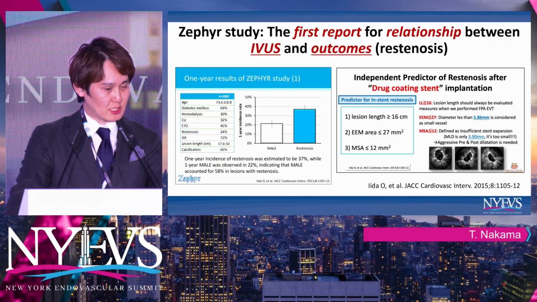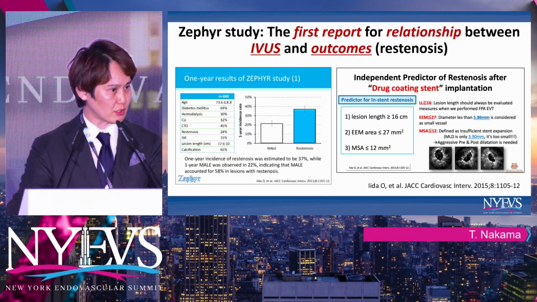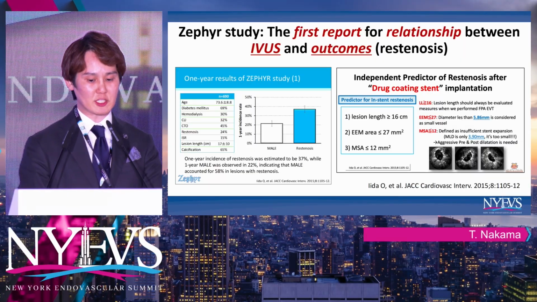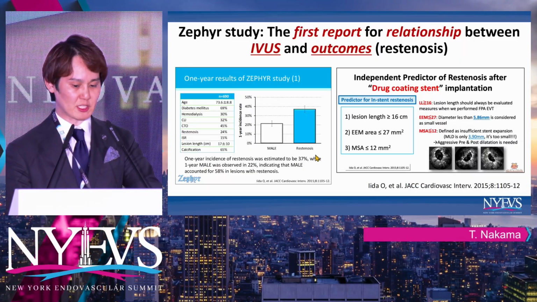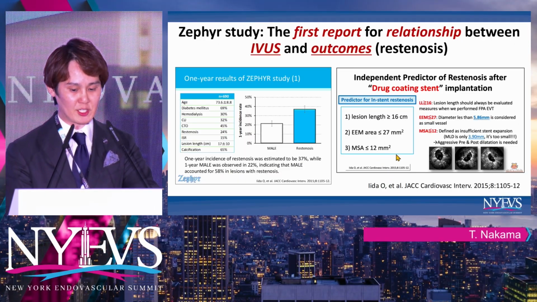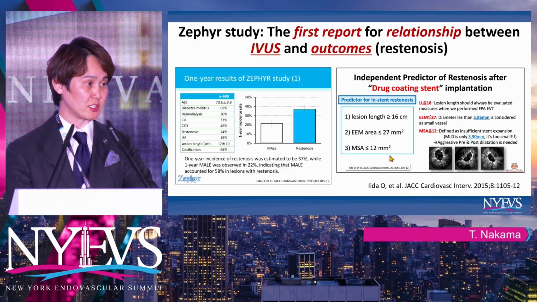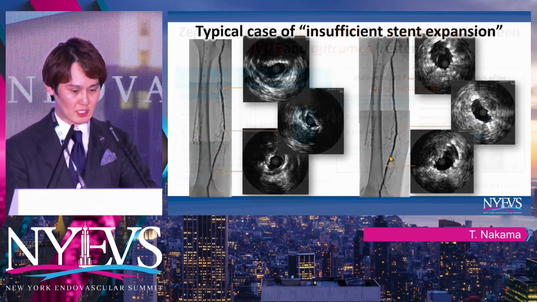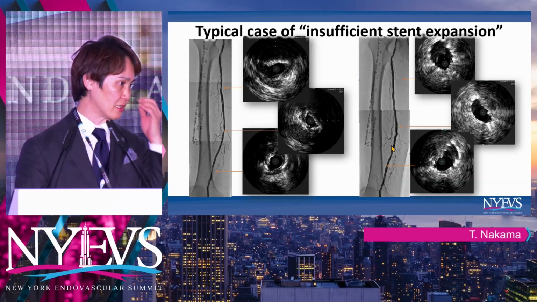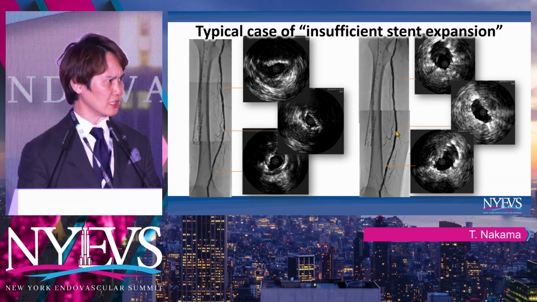This is the first study showing the relationship between the IVUS parameter and the clinical outcomes. As you can see, an IVUS-evaluated minimal stent area of less than 12 mm² is one of the predictors for restenosis. It means insufficient stent expansion is directly related to a higher restenosis rate.